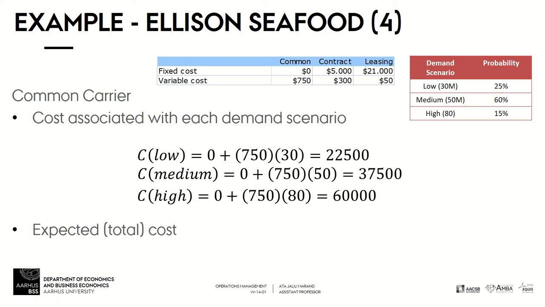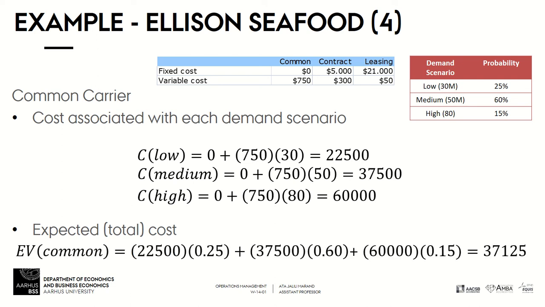Having these numbers, which are the financial outcomes or financial results of each demand scenario, we can calculate the expected total cost. Here, the expected value is the expected total cost because we are working with the costs. It could be the expected revenue, expected profit, or whatever, based on the problem that you are dealing with.